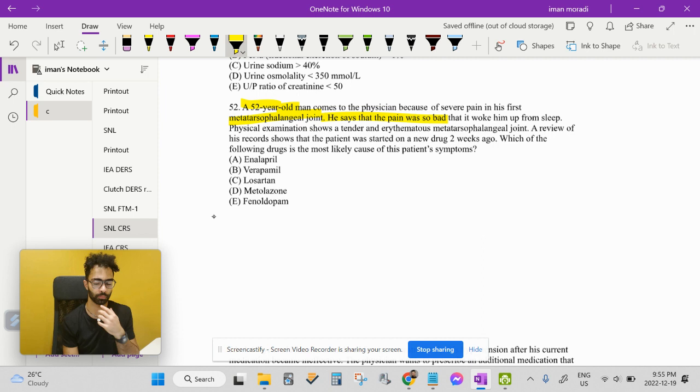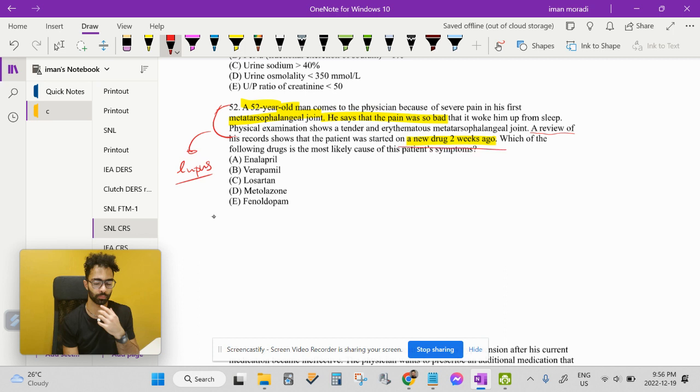So this supposedly is trying to say this is like a lupus thing, right? You know what lupus is. So watch out for descriptors of lupus in the context of drug induced lupus, because it can be really tricky. You can easily be like, what is it talking about?